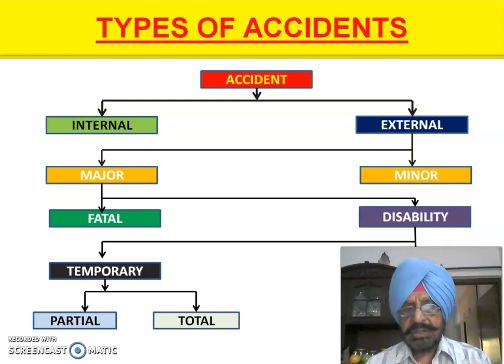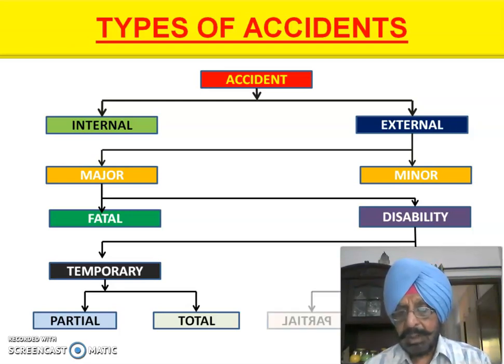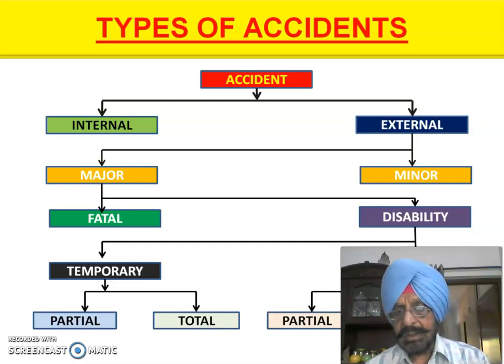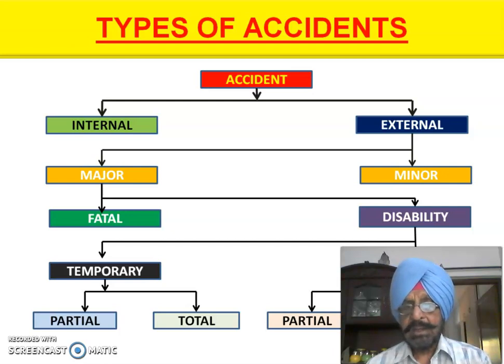For example, you stop seeing from your eye, or you are partially able to see from the eye, that is partial or total. And permanent can again be partial or total. Permanent total would be losing a particular leg, or partial disability, for example, being able to walk only with a stick permanently. So these are the types of accidents.